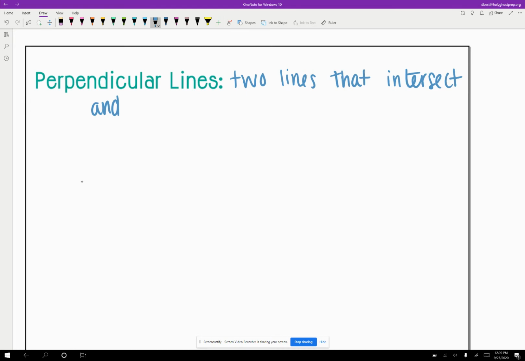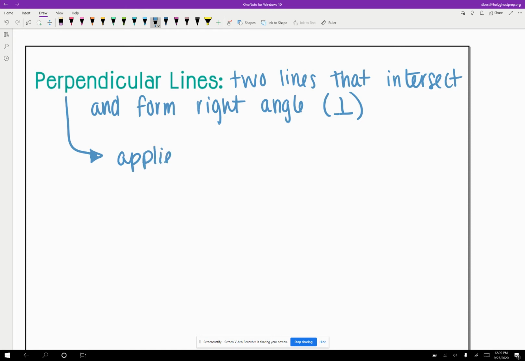And we have a special symbol for when we are marking things as perpendicular. What that looks like is kind of like an upside down T. Okay. And we can also have perpendicular lines. This definition also applies to rays and segments.